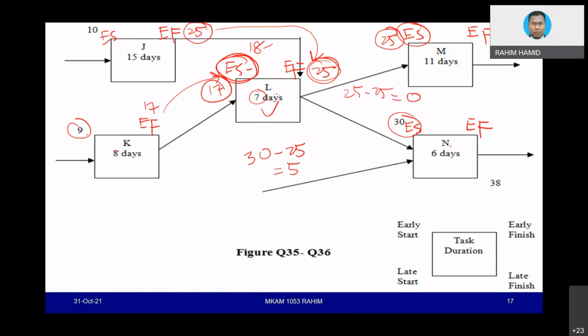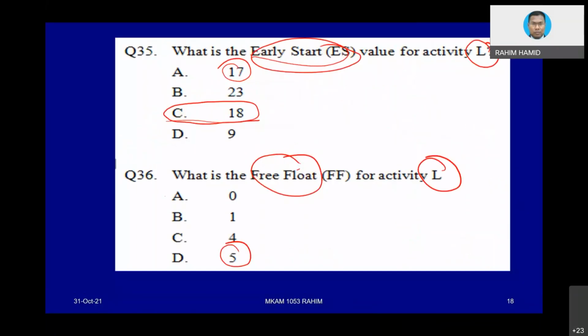I already mentioned to you, when you are in this situation, there are two free floats because there are two successor activities. We must take the lowest value because it is not possible for us to extend L by 5 days, because if we do that, we are going to affect the starting of M. So the right answer would be 0. So this is the answer.